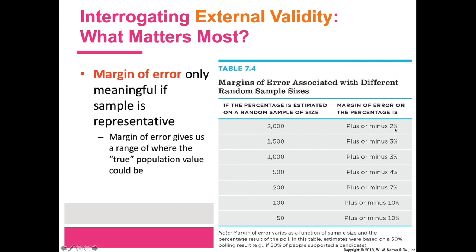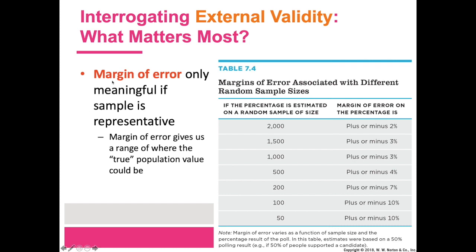So they might say 12% of people smoke in the US. And then they would say plus or minus 2%. So that is saying 12% is our best guess, but it definitely would be reasonable to think that 10% is just as correct as 14% and 12%. All of those are possible.